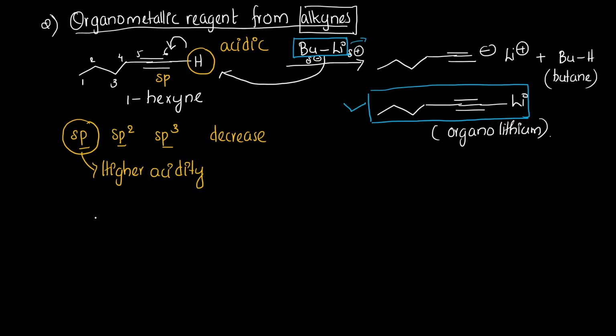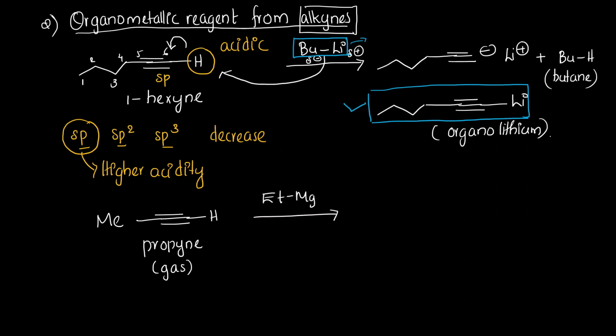So we can see an example for the preparation of organomagnesium reagent or the Grignard reagent. For example, I take a propyne. This is the propyne. This is a gas, and I have taken the ethyl magnesium bromide. This is our Grignard reagent. And as I mentioned before, this is sp hybridized. So this hydrogen is acidic.